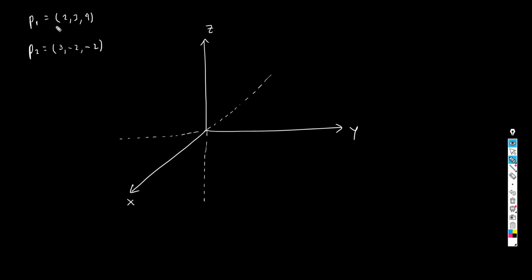Okay, let me first tell you how you can draw these points in space. First I'm gonna draw P1. First I need to write 1, 2, 3, 4, 5, and 2, 3, 4, 5.